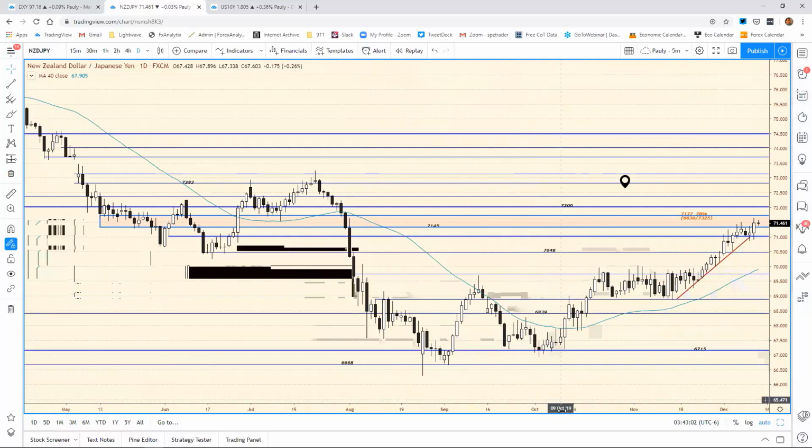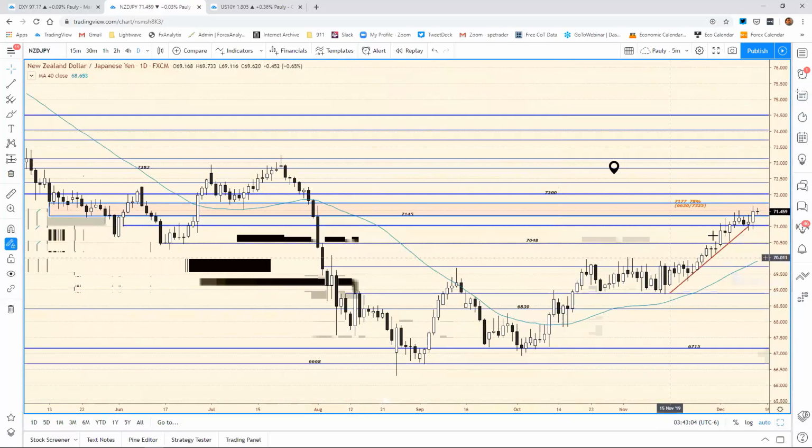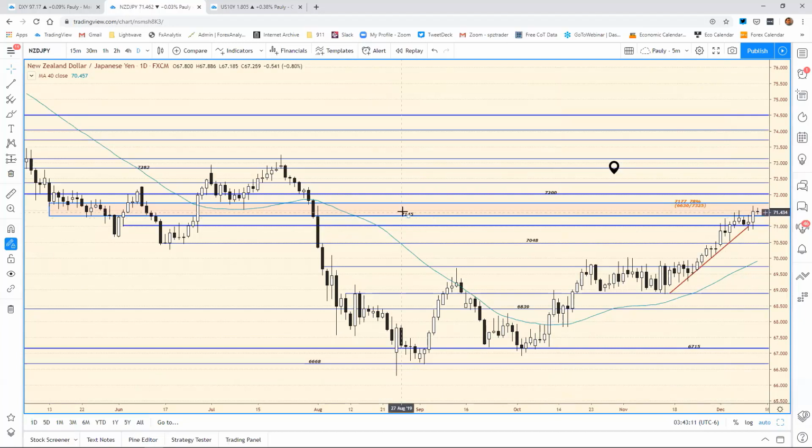Obviously, the Kiwi continues to strengthen a bit here. We got a nice close yesterday into this zone of 71.45 to 71.77, which is the 78% of this entire move. I'm not sure how much further it's going to stretch, but resistance will be 71.77, the top of the zone, which happens to be, as I said, the 78%.